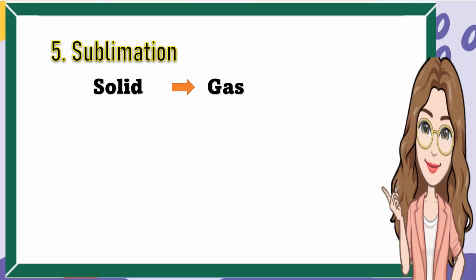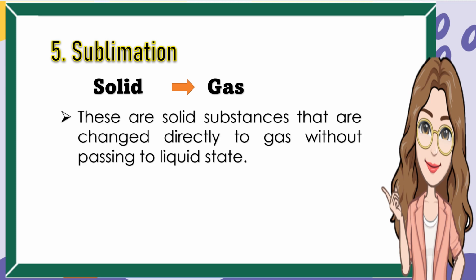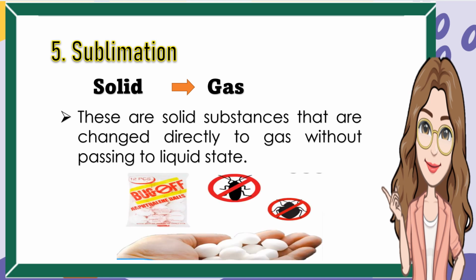Number 5 is sublimation. When we say sublimation, it is turning solid to gas. These are solid substances that are changed directly to gas without passing to liquid state. For example, are you familiar with this? That's right, you can see it inside your cabinet.